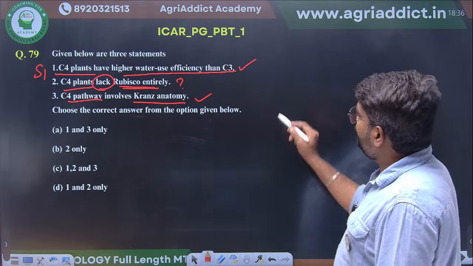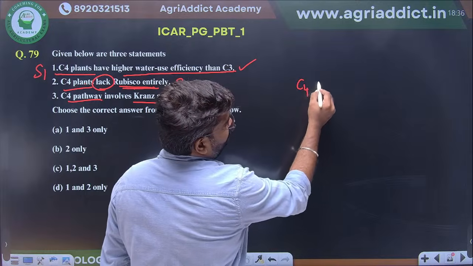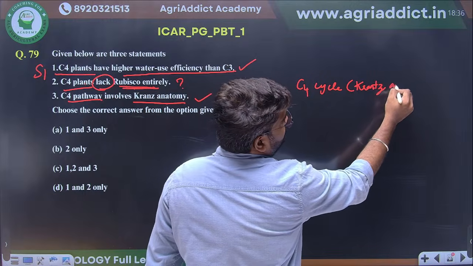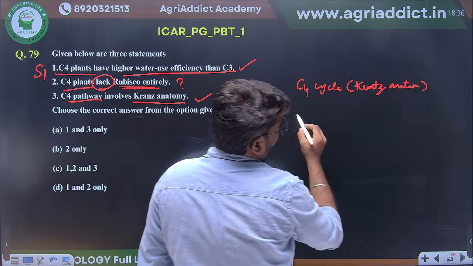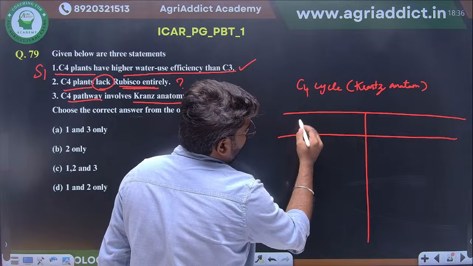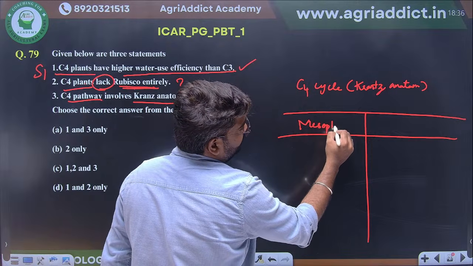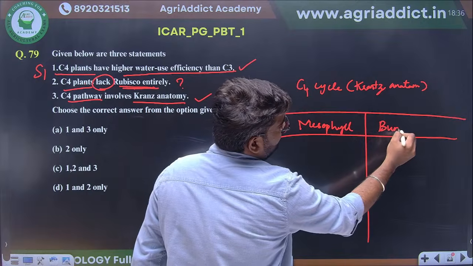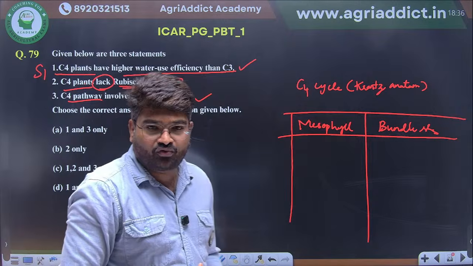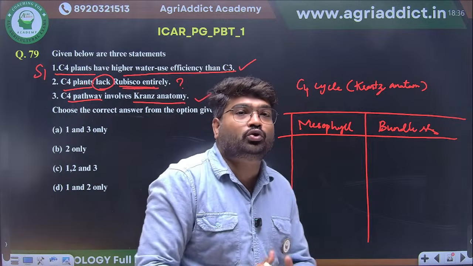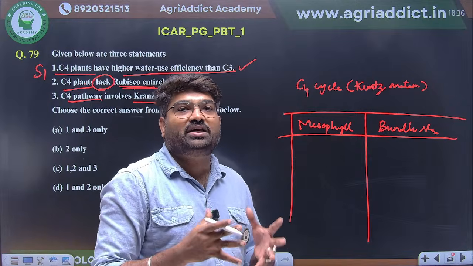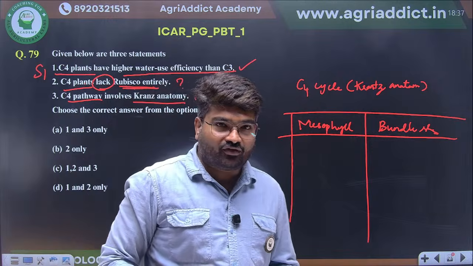They are telling here, C4 plants lack Rubisco. But if you see the C4 cycle, there will be Kranz anatomy in plants. Kranz anatomy means what? Mesophyll cells will be there. Bundle sheath cells will be there. This is just a mechanism of concentrating the CO2 in a particular organelle or particular tissue to enhance the efficiency of Rubisco.